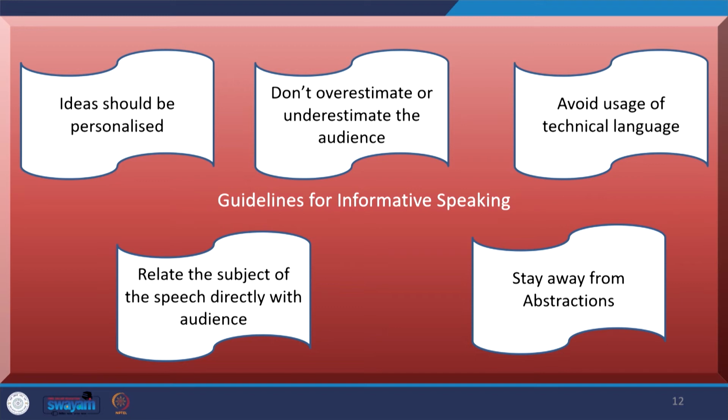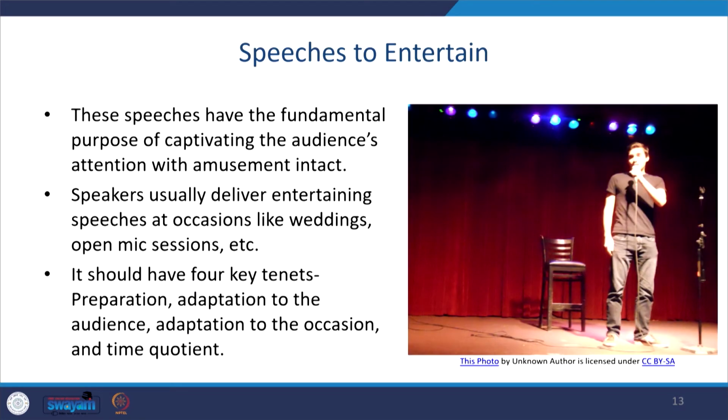One should avoid the use of technical language, as we have said, and one should never overestimate himself as a speaker and underestimate listeners as the members of the audience. One also needs to stay away from various abstractions, because that may create a sort of confusion.